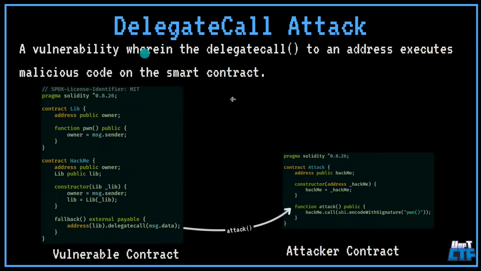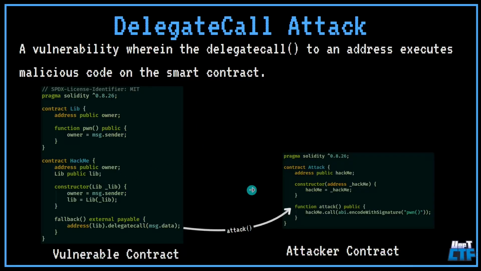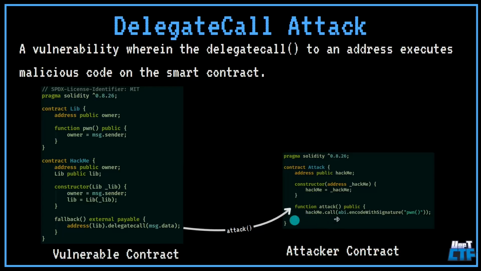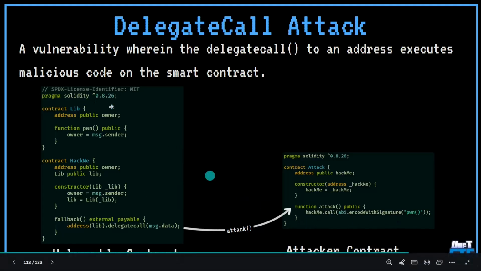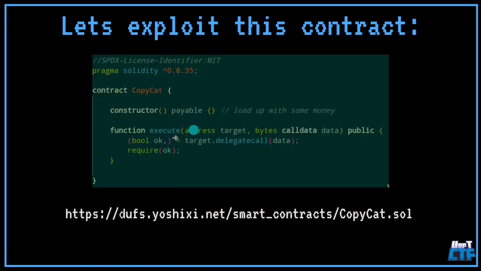You have a delegate call attack, which, as mentioned before, is able to call anybody else's code. So let's say you have this code that causes us, in our own context, to call this pwn function. Actually, there's a better example here, which is self-destruct.